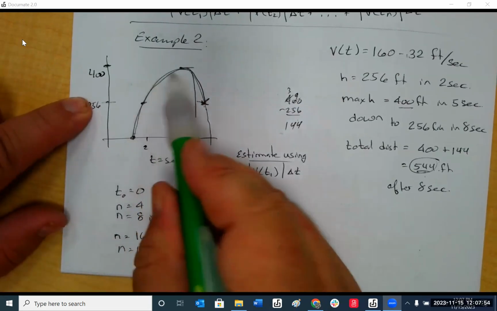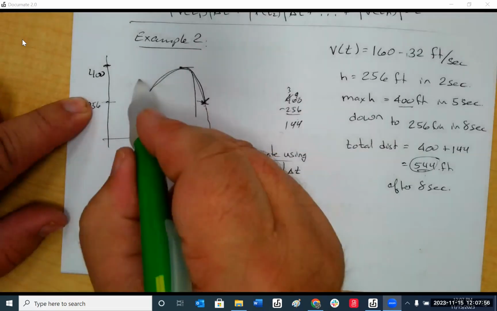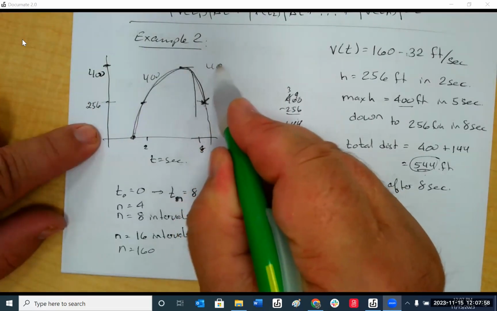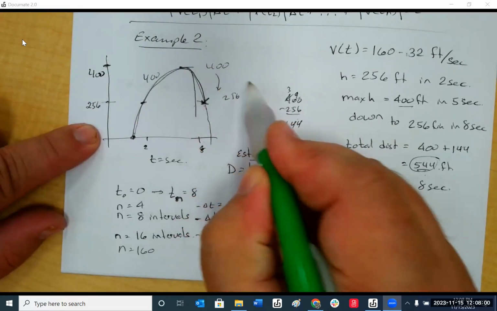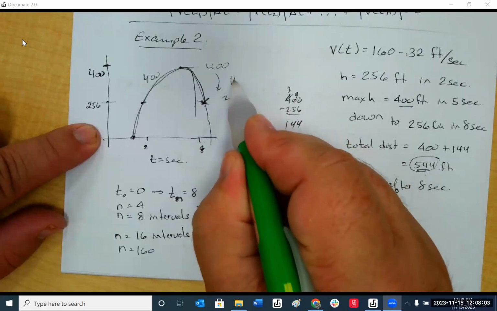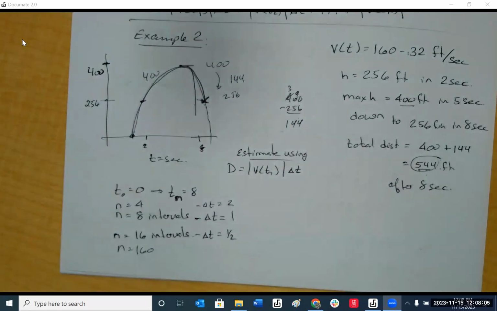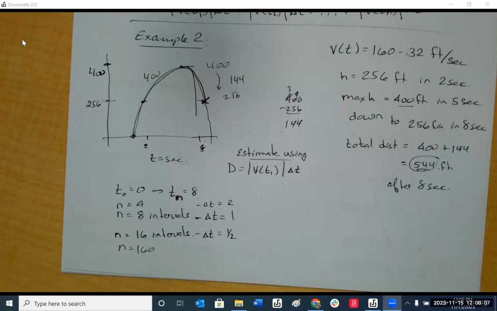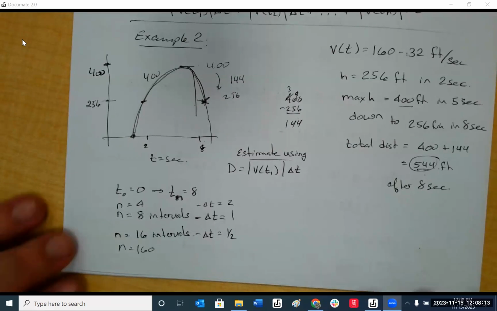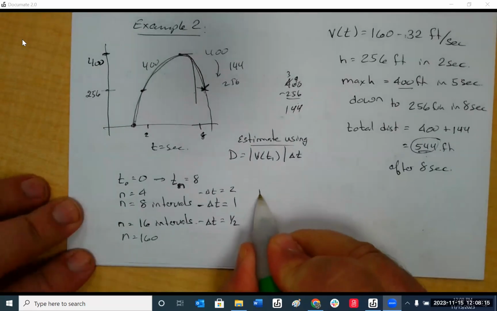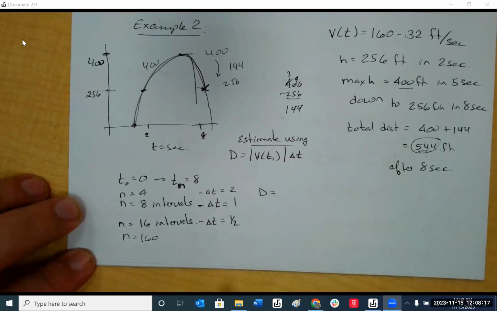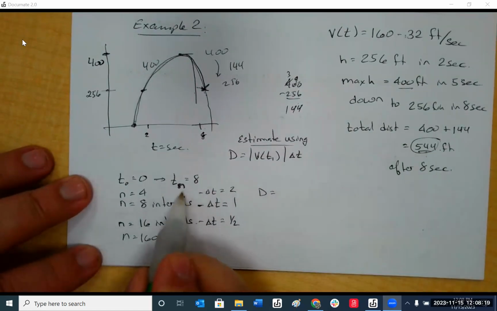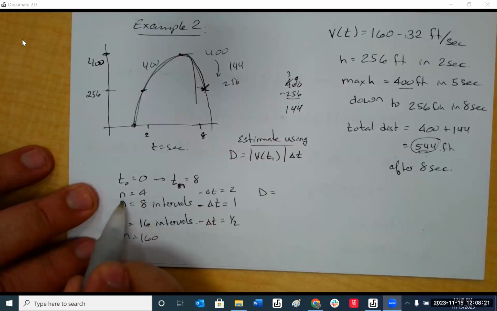So it's 400 feet this way, and then from 400 down to 256, it was 144. So we know how much the total distance was we traveled. So now I'm going to use n equals 4.